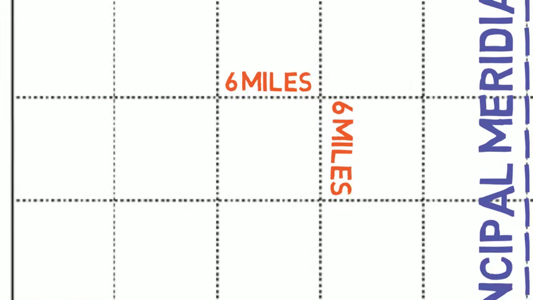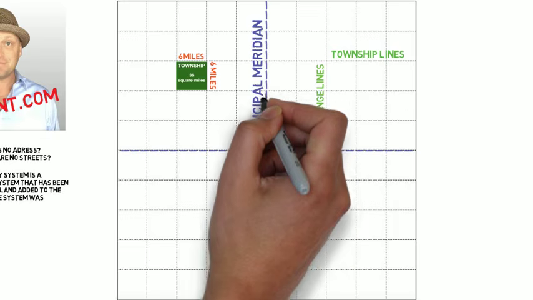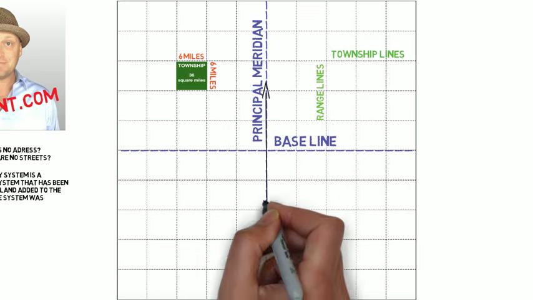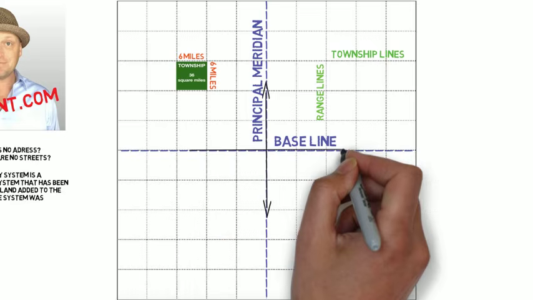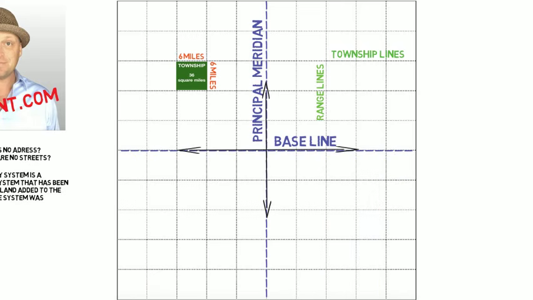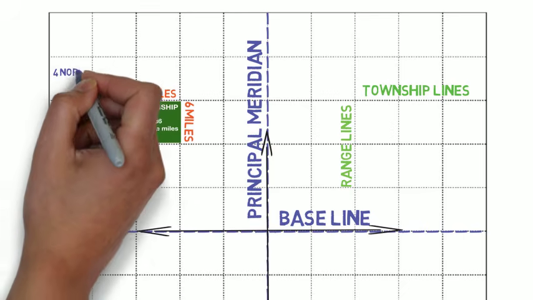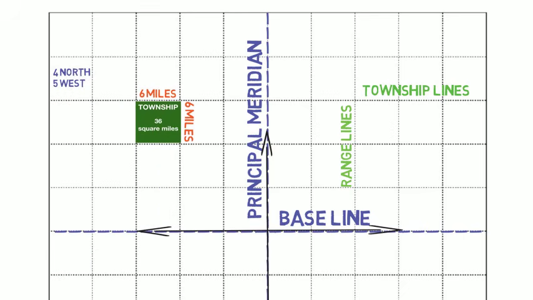By nature of the lines being drawn 6 miles on each side, you now have 36 square miles, which makes up the townships. So a township is identified by specifying how many townships it is north or south of the baseline and how many ranges it is east or west of that principal meridian. For example, a legal description might describe a township as Township 4 North, Range 5 West.